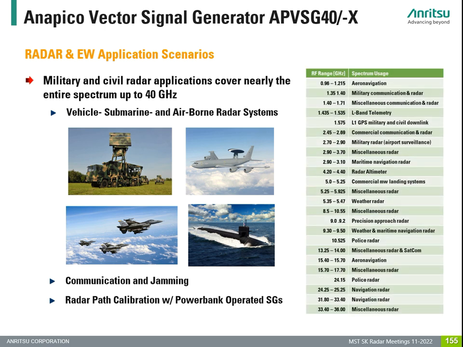The table on the right side shows frequency bands and some typical radar applications. The Ka band covers frequencies in the range from 27 to 40 GHz, equal to a wavelength of 1.1 to 0.75 centimeters.